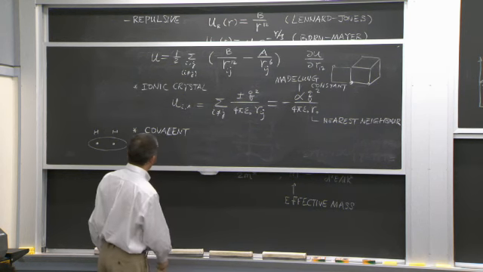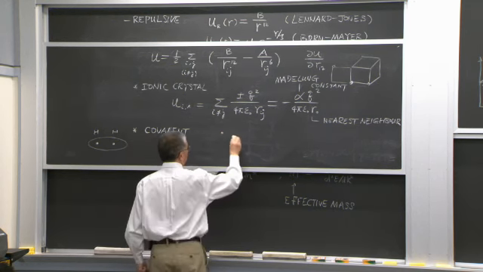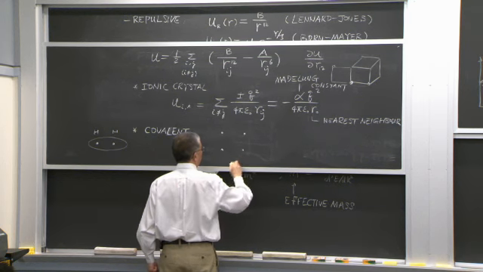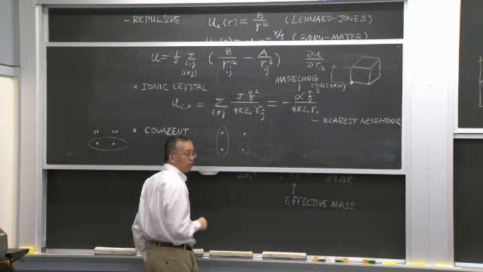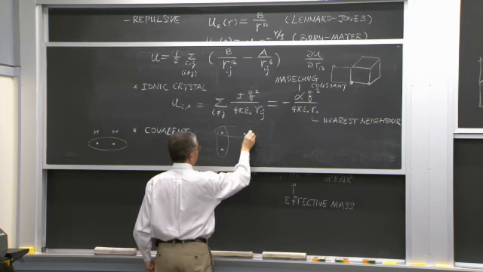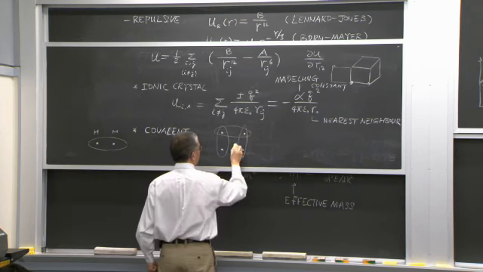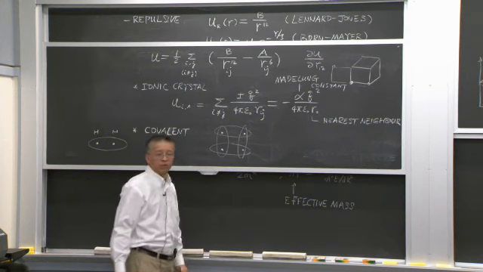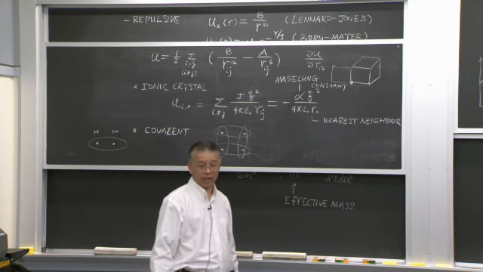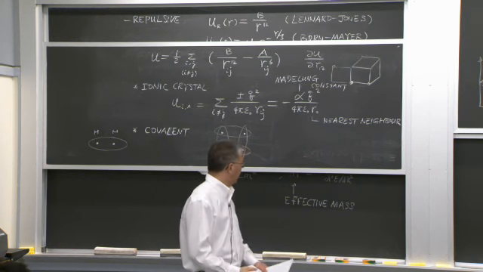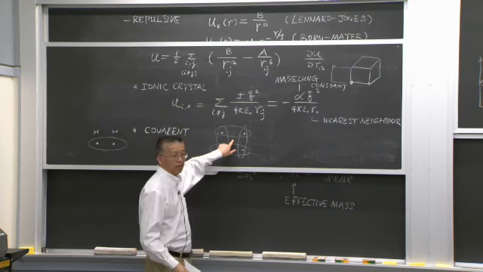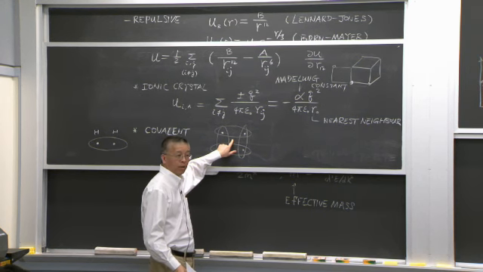If you form a crystal, again in 2D for simplicity, you have directionality in this one, directionality in here, directionality here. These are the regions where most likely you find the electrons. In this region, the probability to find the electron is small.